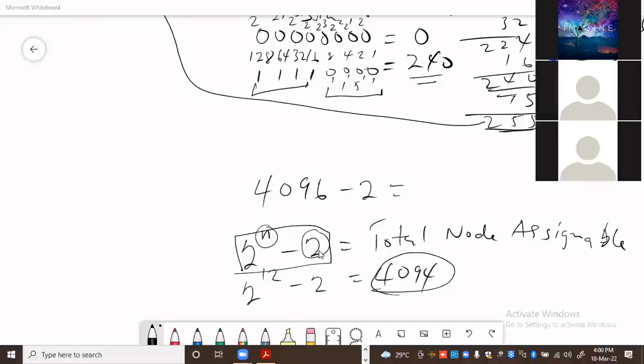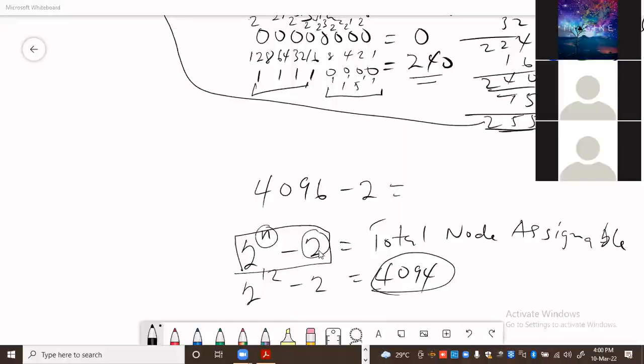So assuming a question, an exam or assessment, a quiz or whatever, and I ask you the total number of IP addresses, then you can just give me 2 raised to the power n, which is the 4096. But if I were to ask the number of IP addresses that can be assigned, or the assignable IP addresses, then you know you have to minus the 2, because the total also includes the network address and the broadcast IP address, which you cannot assign to any device.